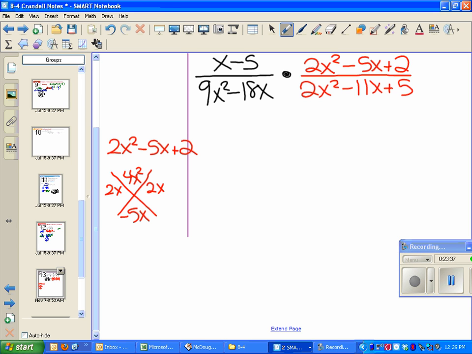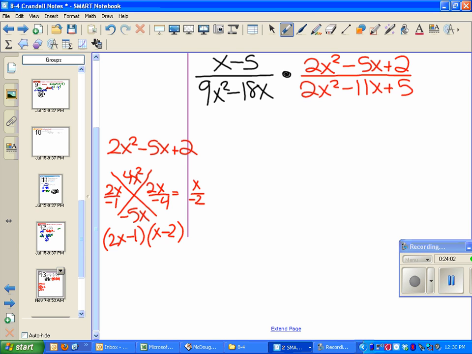And then what multiplies to 4 but adds up to negative 5? That would be the negative 1 and negative 4, I believe. All right, and then we reduce 2 and 4 to get x over negative 2. And so for Clinton's magic, it would be 2x minus 1 times x minus 2.